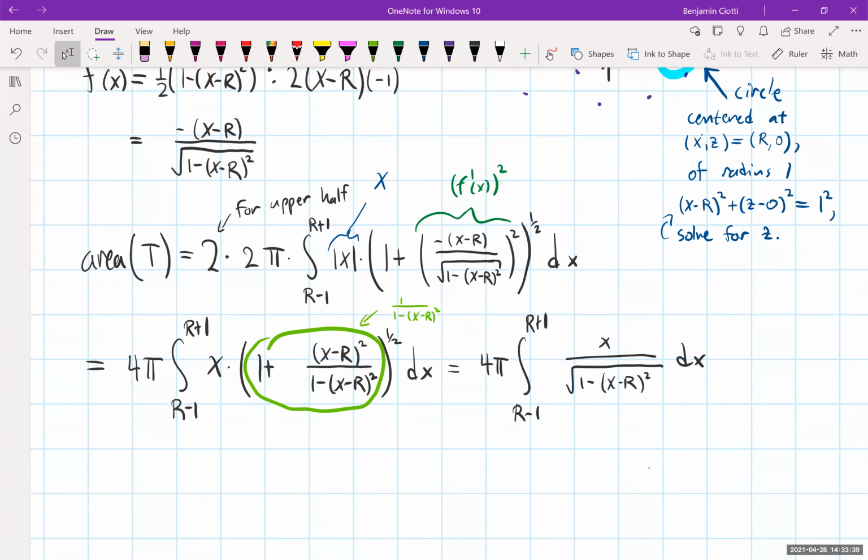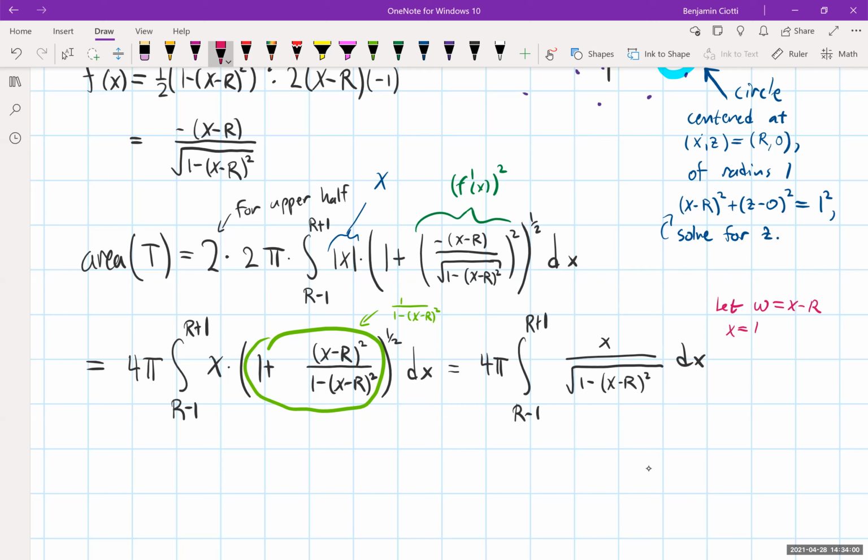Okay, we're making progress. I think it'll be easier to do a substitution. How about I let w equal x minus r.